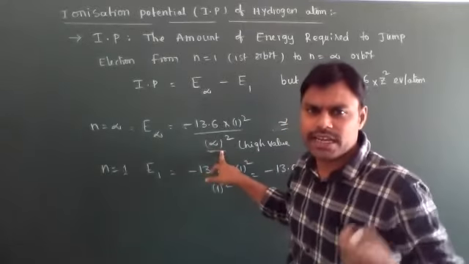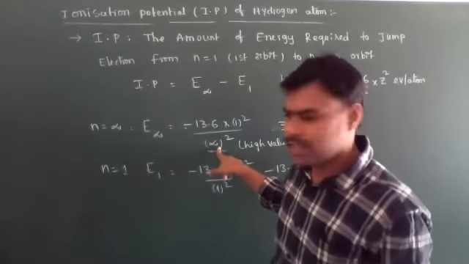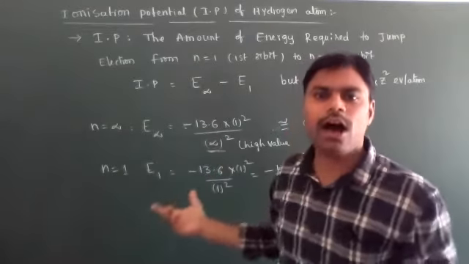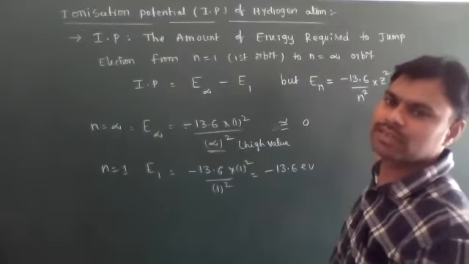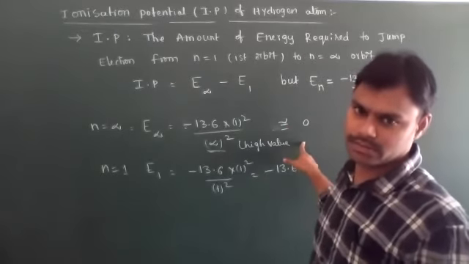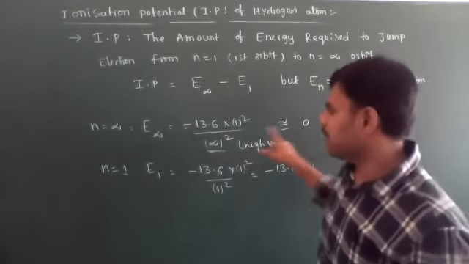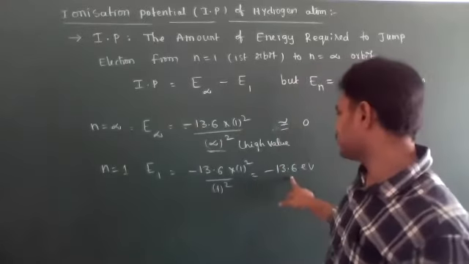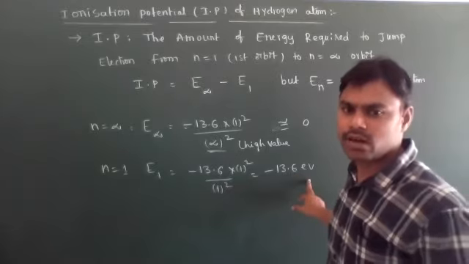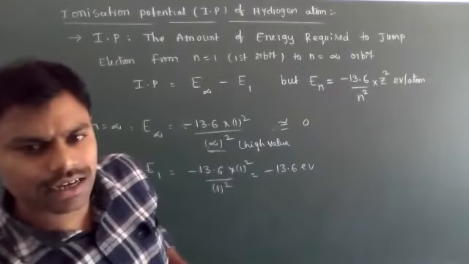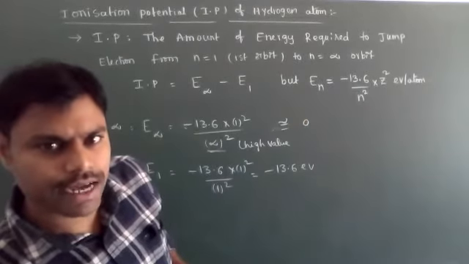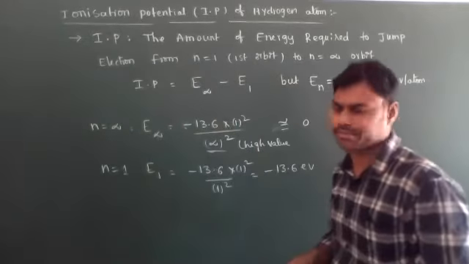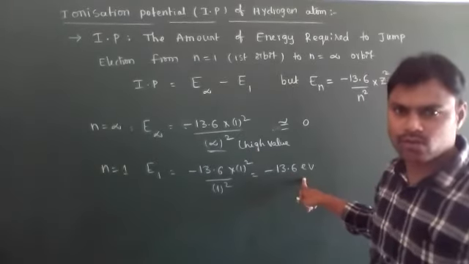If n is very high, the energy value decreases, because 13.6 by 1 lakh is almost 0, 0.0000 something, which we consider as 0. That's why the energy of the infinity level is 0. The first level is minus 13.6 electron volts. Just mathematical calculations, so basic mathematics is very, very important for physical chemistry.